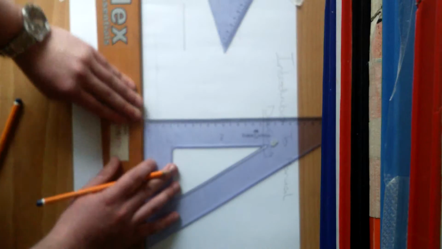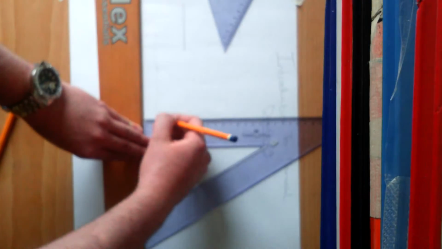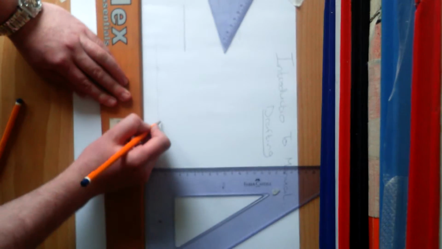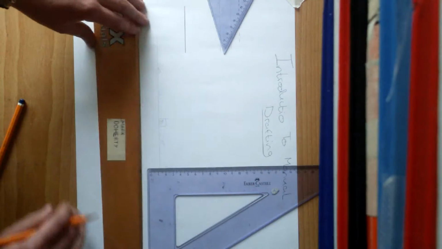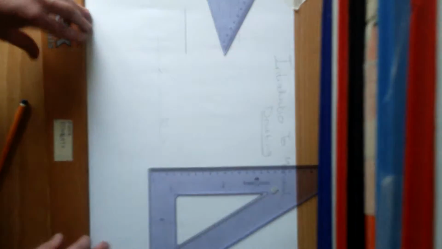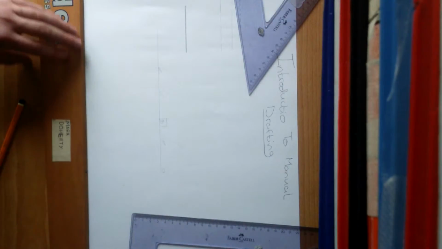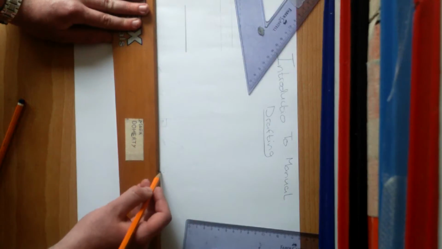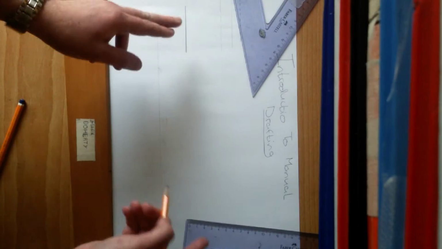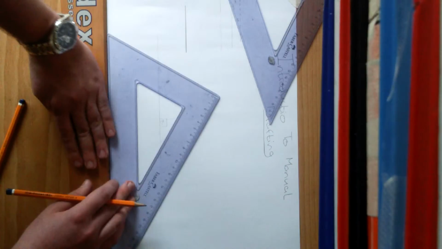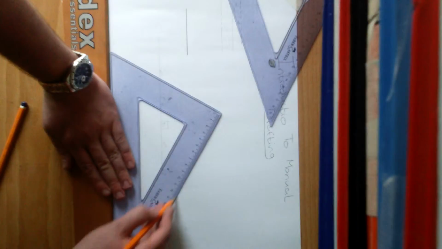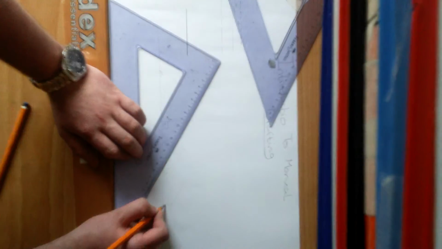So we can also draw a line perpendicular by using this, so that angle is 90 degrees to that line. And also, what happens if we want to draw an angle of 75 degrees? We can use our protractor, but here's a tip. We can also use our two set squares. So first, if we draw an angle of 30 degrees, there's our angle of 30.